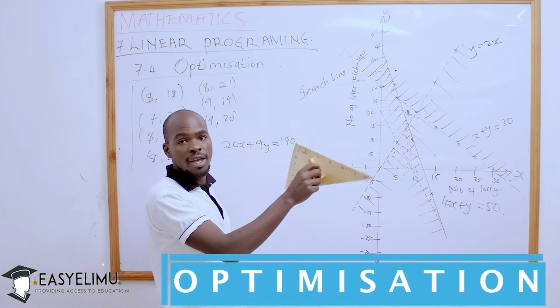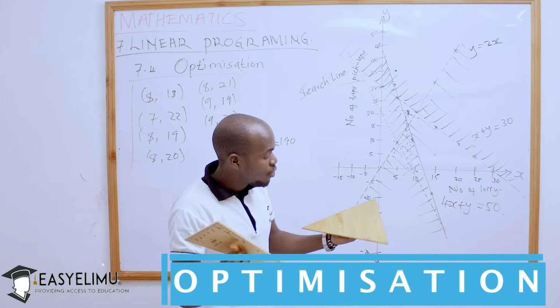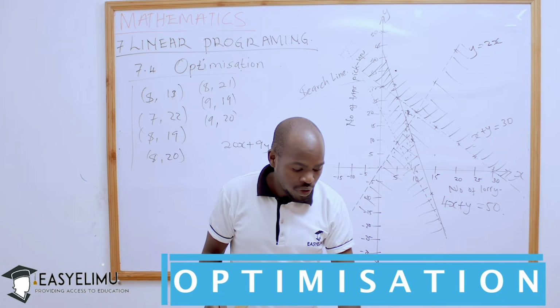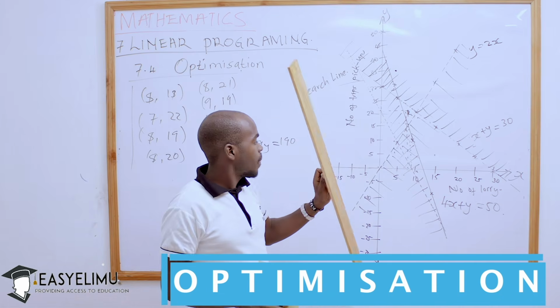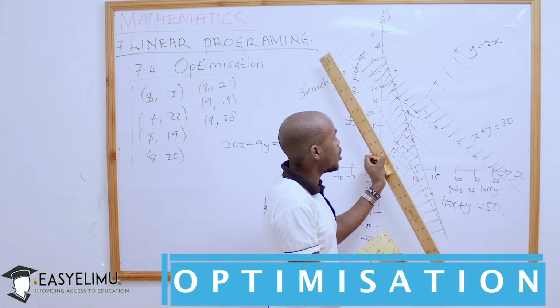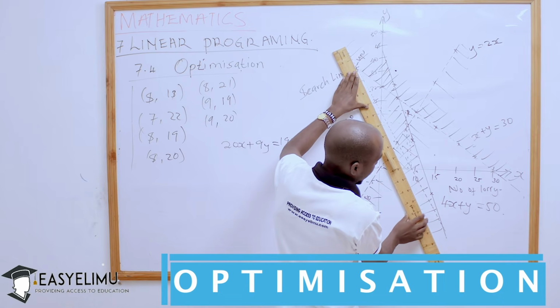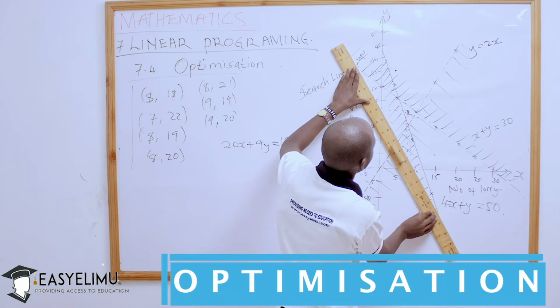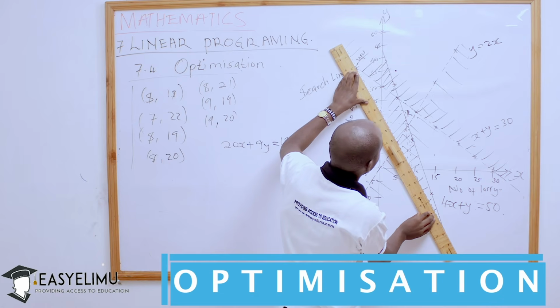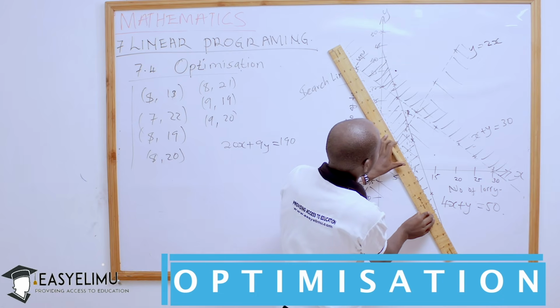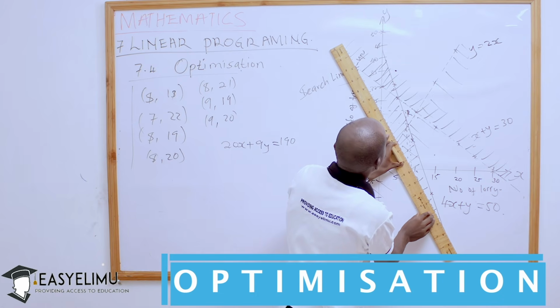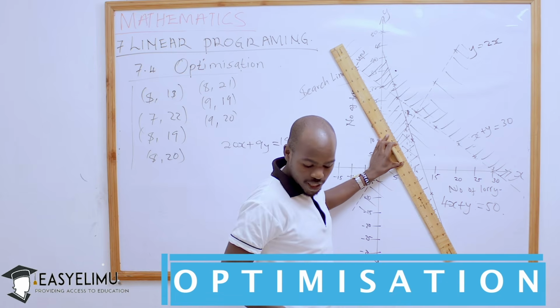You may select one of them. Then you will use your ruler, place the ruler on the search line this way. This is my search line. You place the ruler on that search line such that it is parallel to that search line.